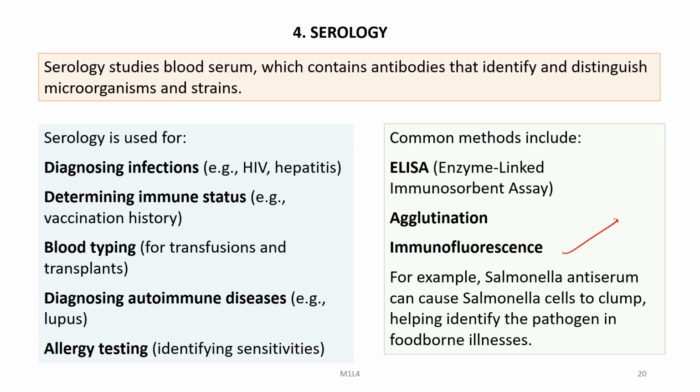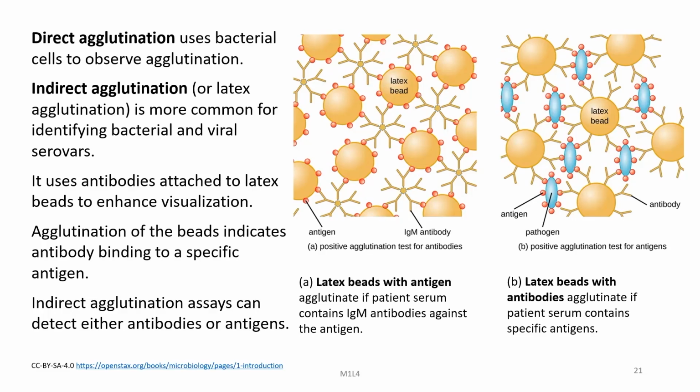Here an example is given: Salmonella enteroserum can cause Salmonella cells to clump and helps identify the pathogen in foodborne illnesses. So, if we see what direct agglutination is, it uses bacterial cells to observe agglutination, or coming together.